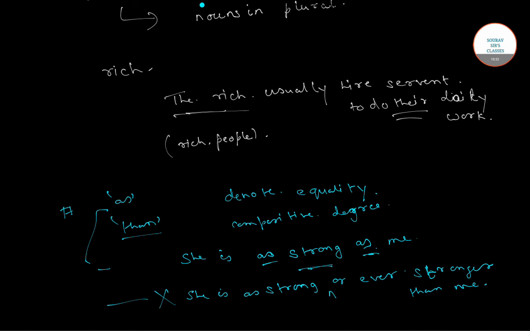We have to add as to make this statement correct. So the correct statement would be she is as strong as or even stronger than me.